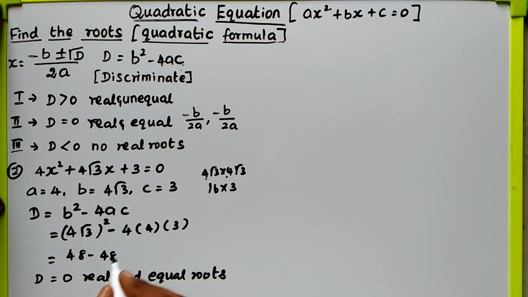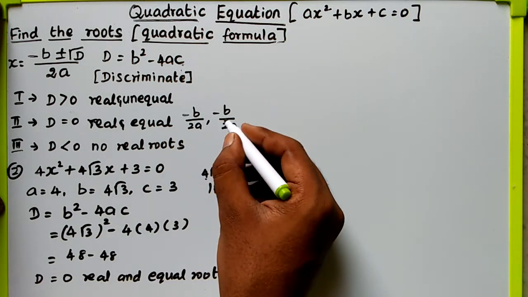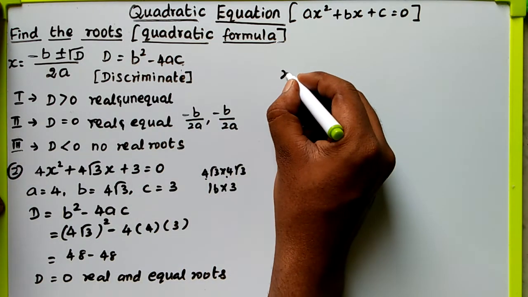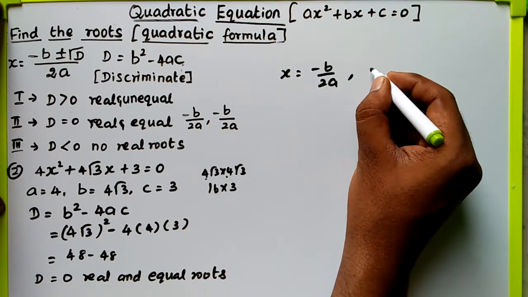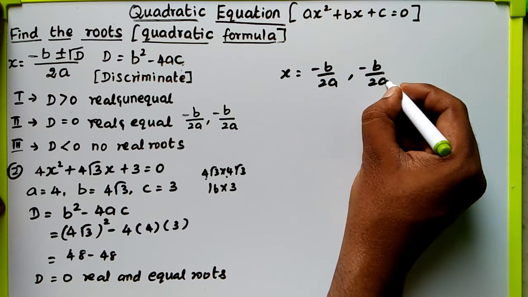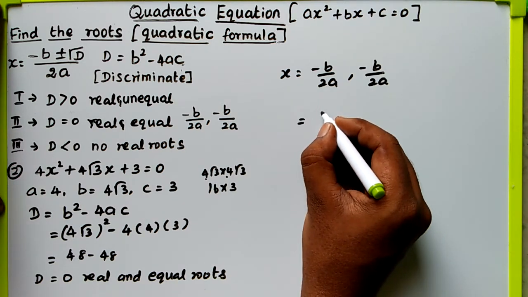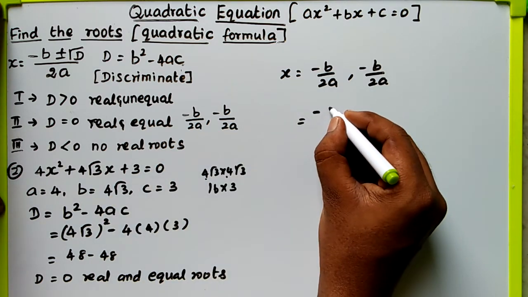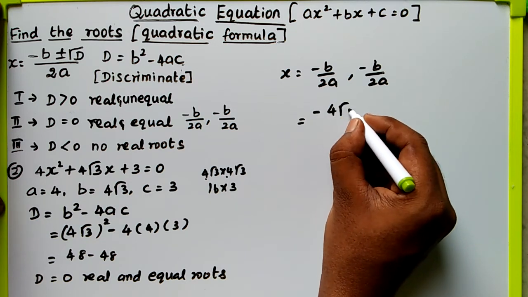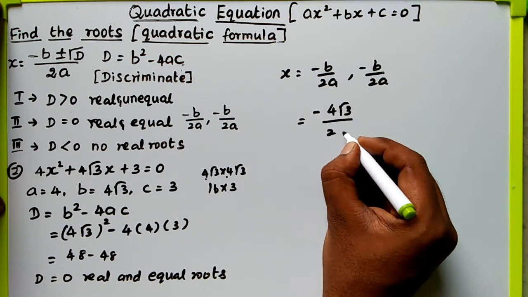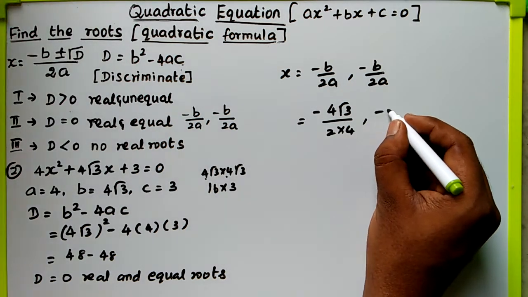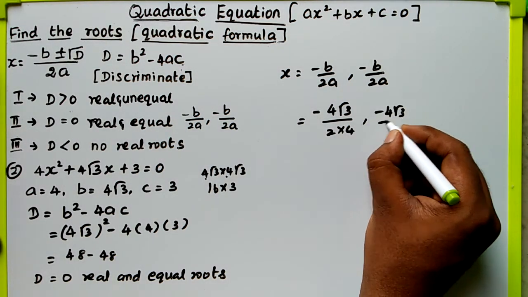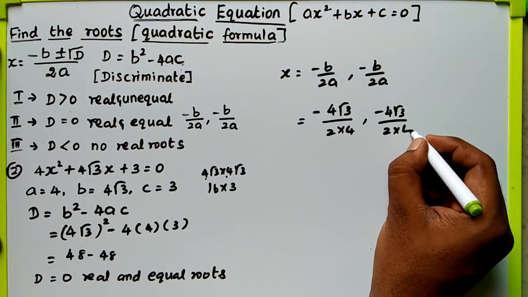When D is 0, we use minus b by 2a and minus b by 2a. You can write directly minus b by 2a, with b value 4 root 3, by 2 into a value 4.